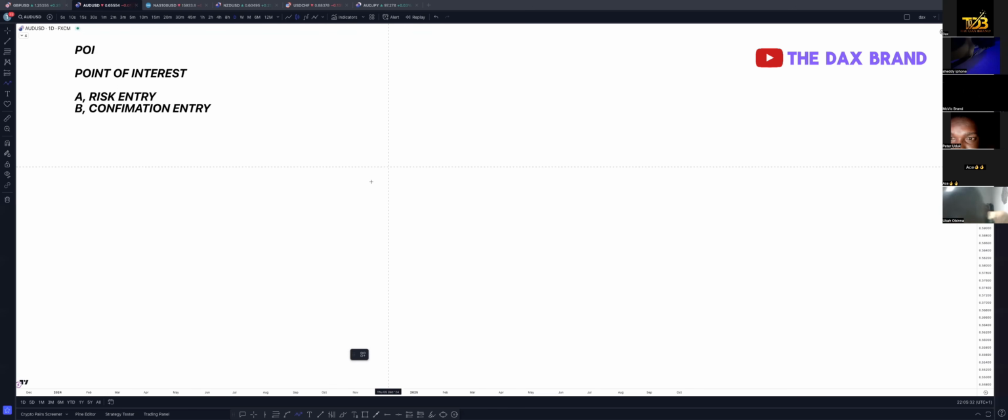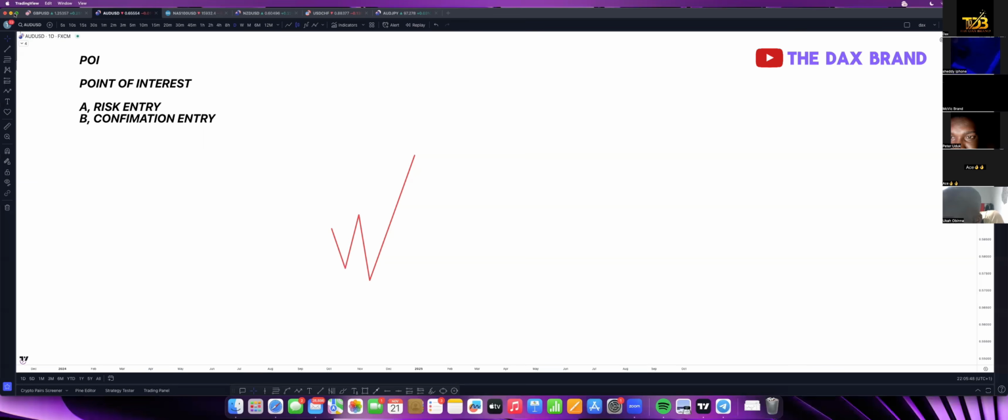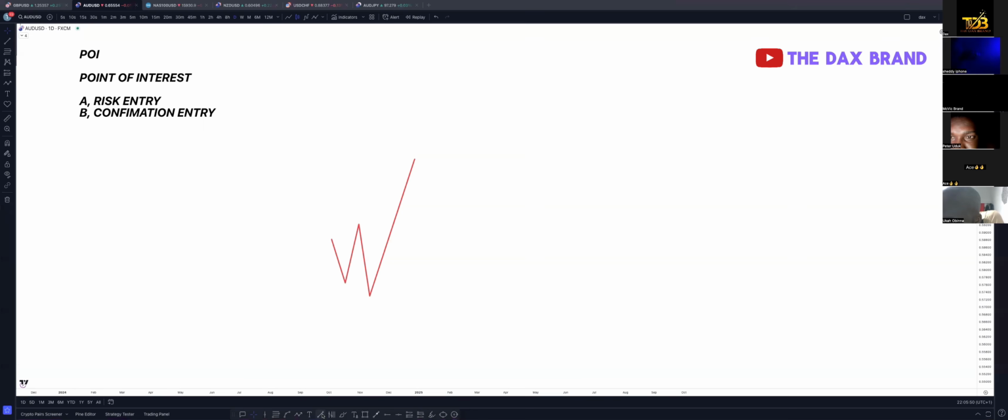So let's start with the point of interest. Let's assume we have a bullish trend. First thing is a sweep of the previous low, then a break of structure. So we have this. That means this is a sweep of the previous low and this is a break of structure, right?